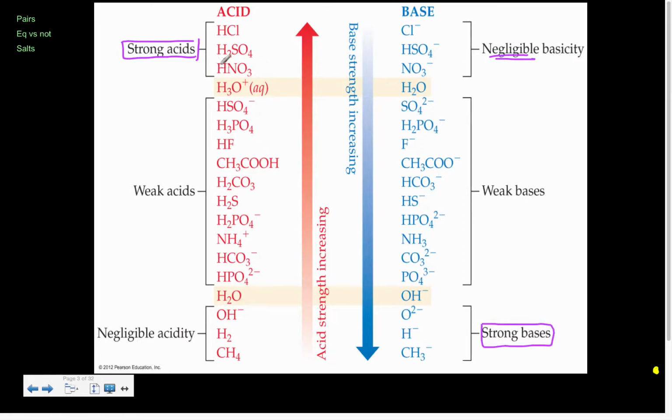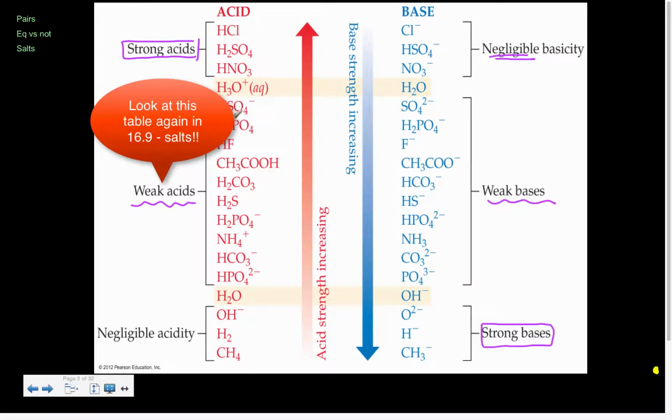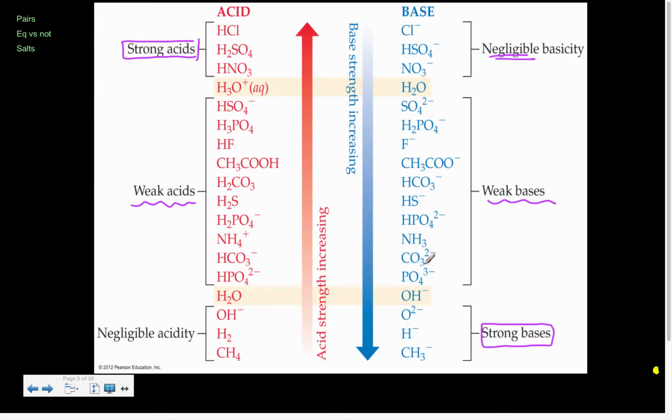And note that this is a tiny, tiny portion. What makes up the most of this table, though, is our weak species. So what that means, by extension, is that for any of these weak acids, its conjugate base is actually basic to some extent, which is going to make up a huge section of our thinking exercises for this chapter.